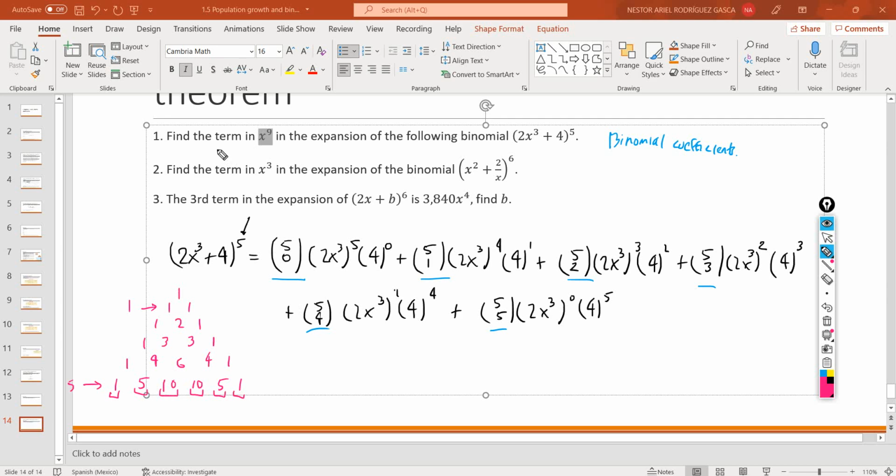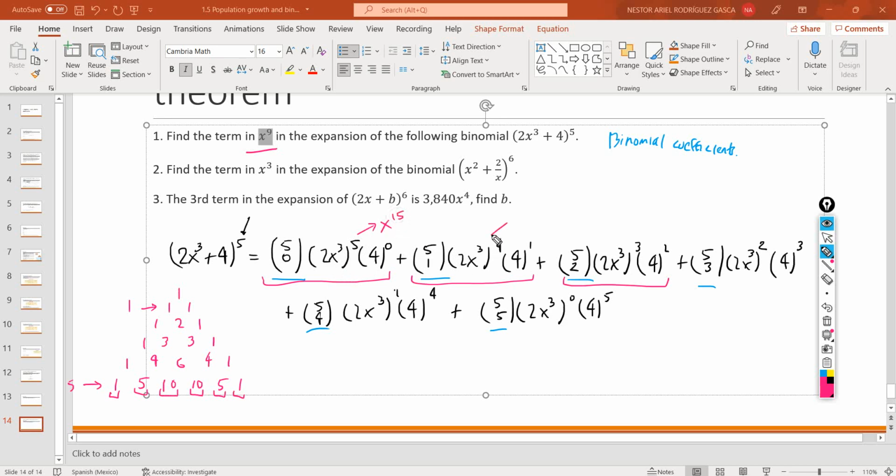Now, remember, what are we trying to do? We're trying to find the term in x to the 9. So which of these terms, either the first, the second, the third, the fourth, the fifth, or the sixth, will have a variable x raised to the 9 after you simplify as much as possible? For example, looking here, your variable is raised to the cube and then to the 5, so you will get x to the 15, right?